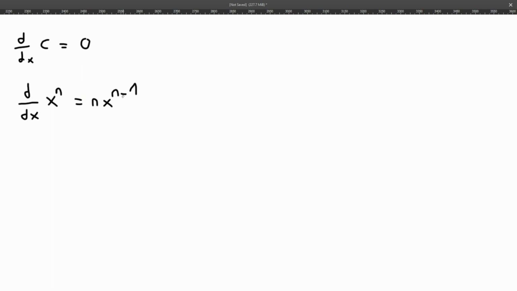You should just know this, and a nice handy way to memorize it is to think of the n in x to the n as going downwards and leaving one less than itself. So x squared would go downwards to be 2x to the 1. x cubed would go downwards to be 3x squared, and so on.